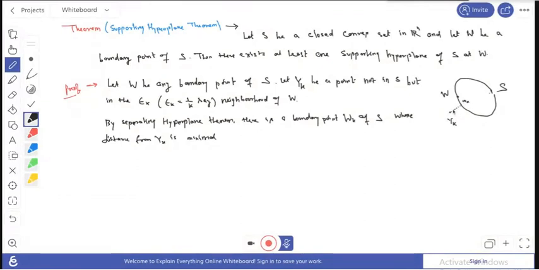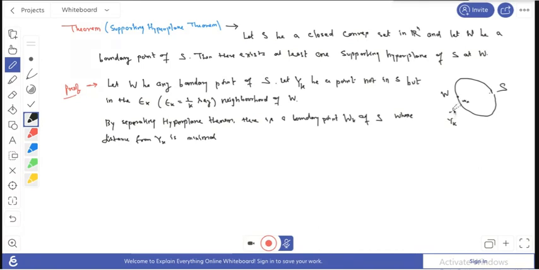Okay, so for different points, suppose you take different points here, here, here. If you take y1, this is one epsilon neighborhood of, let's say, w1, then w2, w3, w4. So we take different points, for different yk, k equal to 1, 2, 3 up to infinity.